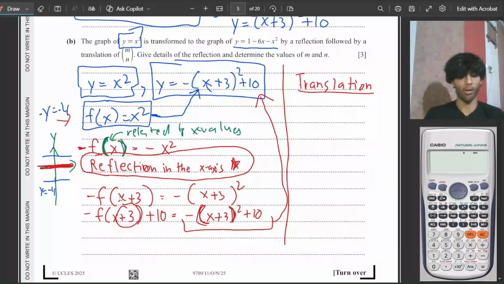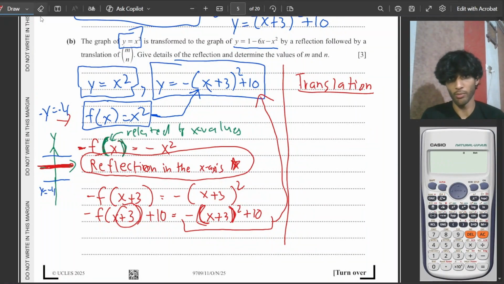Now you're going to be like, well, that means I moved to the right by 3, because I have a plus 3 inside those brackets. In fact, what happens in reality is opposite to what's written in those brackets for the x-axis.